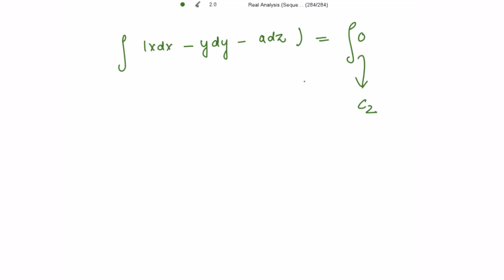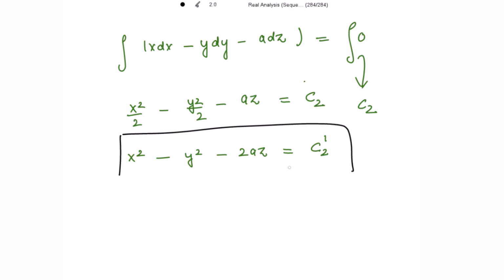On integrating the left hand side, we get x squared divided by 2 minus y squared divided by 2 minus az equals C2. Or we can get x squared minus y squared minus 2az equal to twice C2, that is again a constant, C2 dash. So this is your other solution or the integral curve for the given differential equation, marking this as 2.